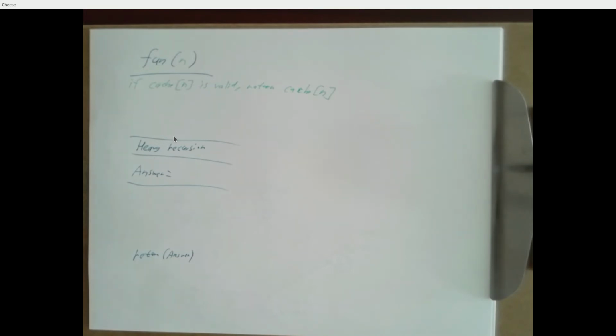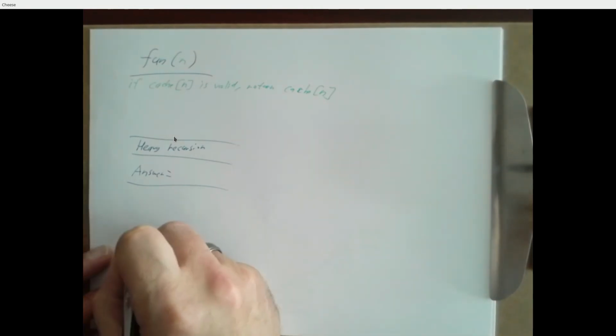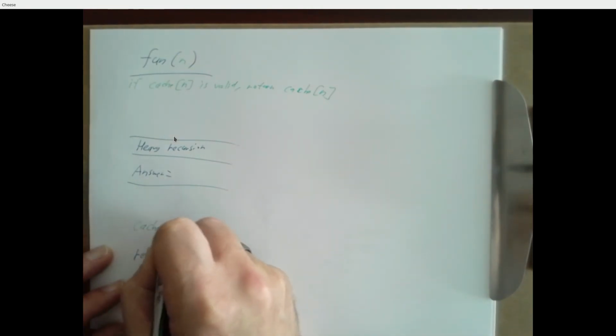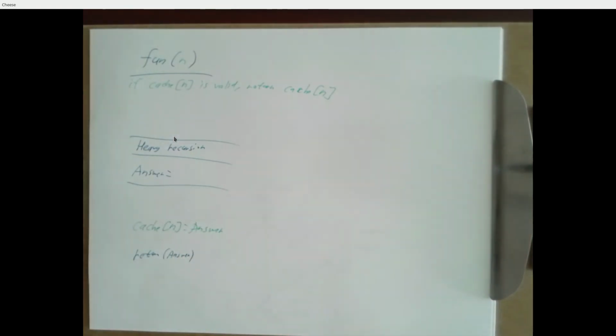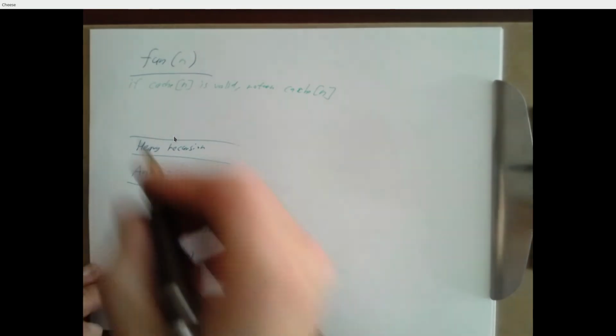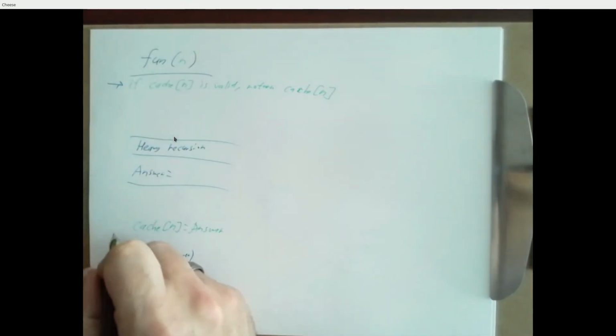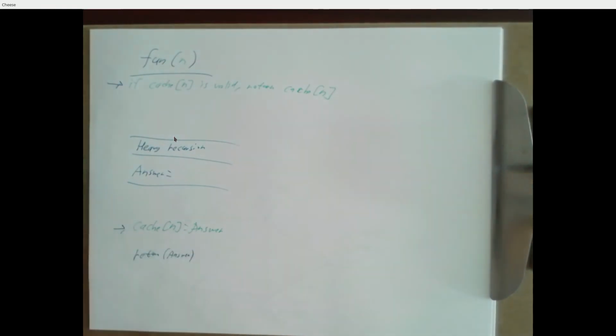And if it is, return the value from that cache. Otherwise, down here, before you return, save your answer in the cache. And the only time that we're doing anything with this memory cache is right in the very beginning and right at the very end before we return.